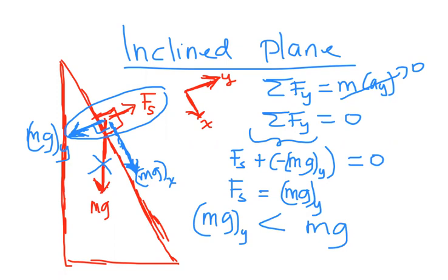See, mg is here and it's actually longer, and mg sub y is shorter. mg sub y is less than mg, and therefore we can conclude that Fs is less than mg. The conclusion here is that when a box is sitting on an inclined plane, the support force, which is this one, is less than the weight of the object.